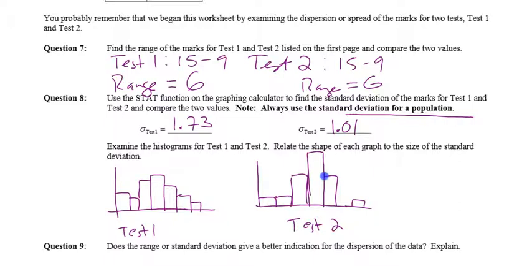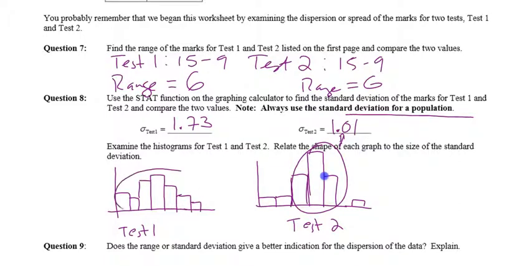Now, how does this shape of the graph relate to the size of the standard deviation? Smaller standard deviation, less spread out. So with the smaller standard deviation, we've got the data concentrated in the middle, close to the mean.